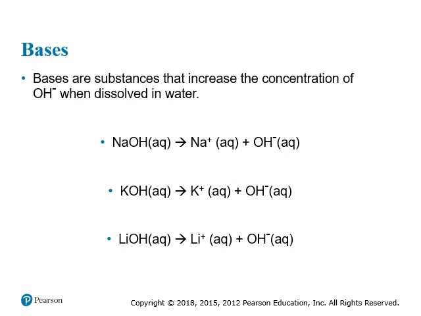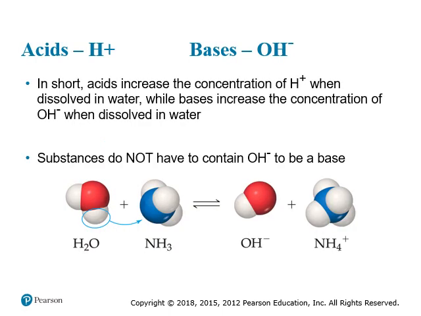Now notice that I was very careful in the wording of the definition of a base. I said that a base was a substance that increases the amount of hydroxide when dissolved in water. And that's for a very specific reason. Acids increase the amount of H plus in solution.